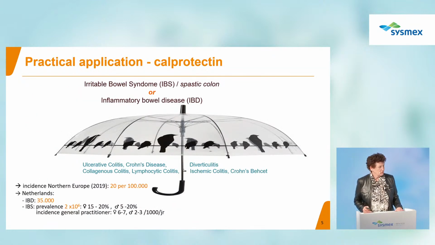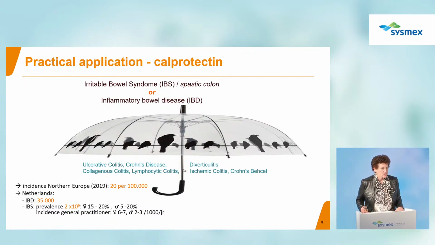Well, with calprotectin you can make a difference between irritable bowel syndrome, or the spastic colon, and inflammatory bowel disease. The difference between them is that calprotectin in IBS is not elevated, and in IBD it is elevated.